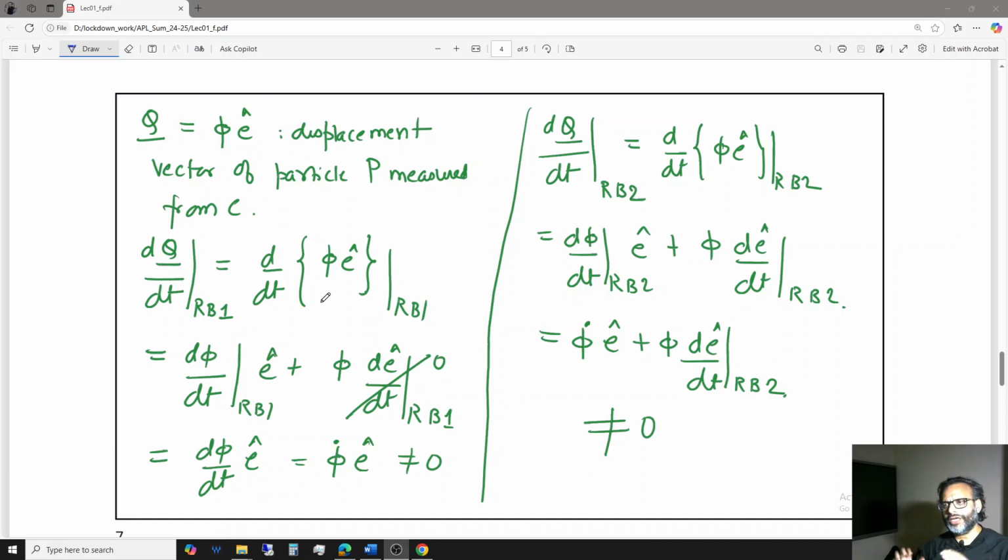You apply product rule of differentiation, you get two terms. First involves rate of change of phi, the scalar itself. The second involves rate of change of the vector. And since the observer is on RB1, E hat does not change, and that goes to 0.